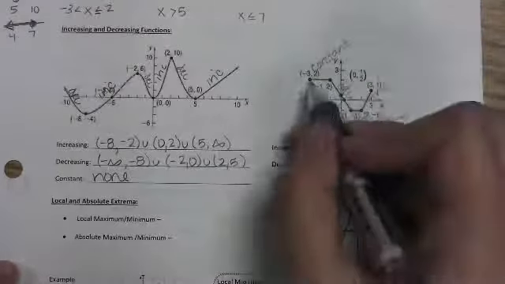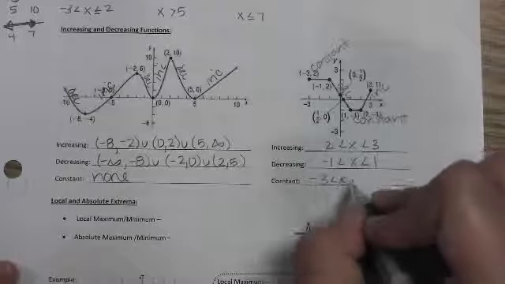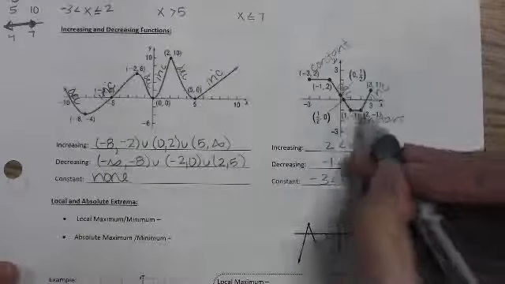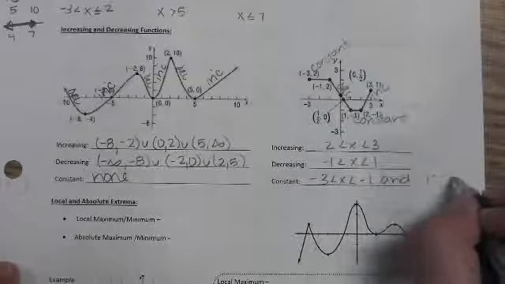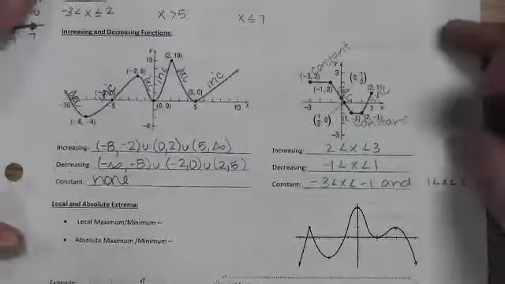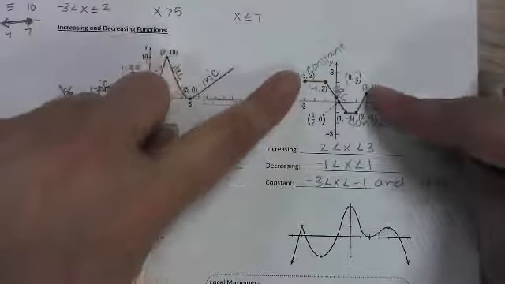And then your constant from -3 to -1, and from +1 to +2. All right, now for these notes I gave you a nice looking graph that you already had. Like on this one you can see the domain originally was limited.